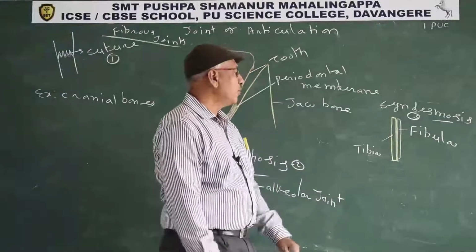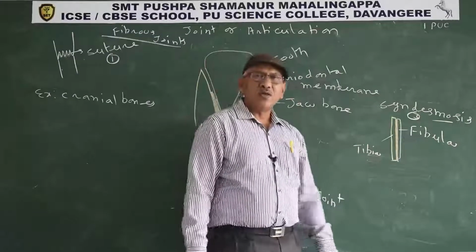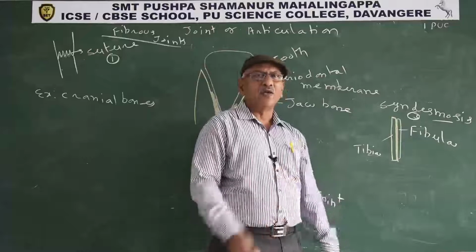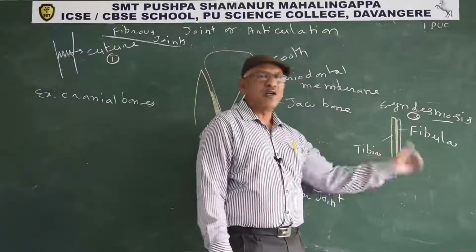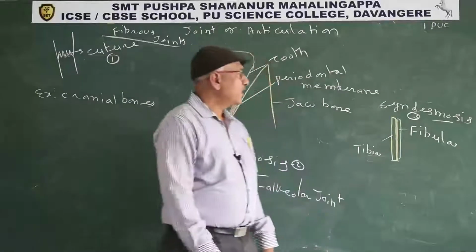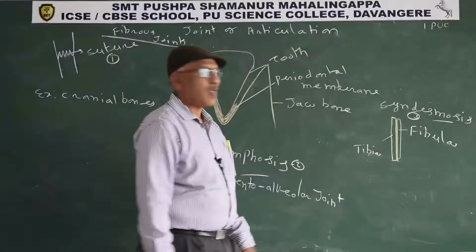If the fibrous joint is present lengthwise between the bones, that is known as syndesmosis. It is present between tibia and fibula. Syndesmosis slightly allows the movement of the two bones.